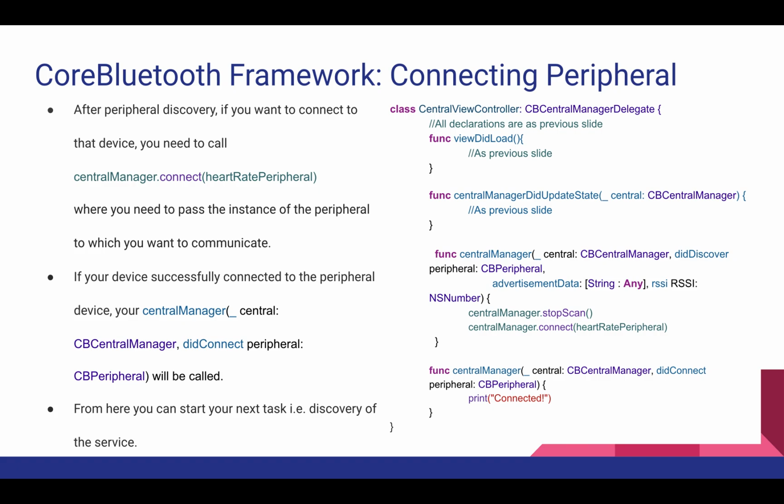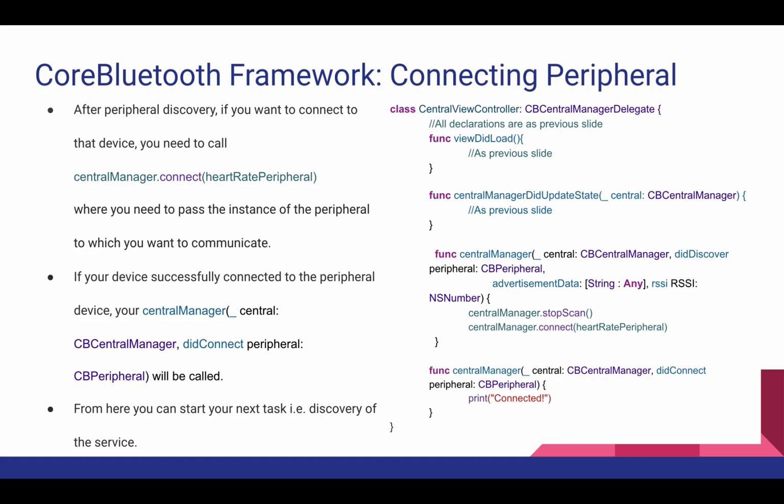After peripheral discovery, if you want to connect to that device, you need to call centralManager.connect and pass the instance of the peripheral with which you want to communicate. If your device successfully connects to the peripheral device, the centralManager didConnect function will be called. From here you can start your next task, that is discovery of the service.